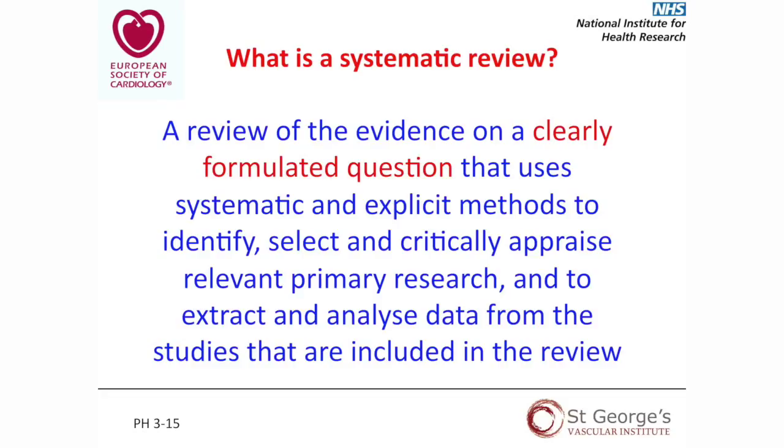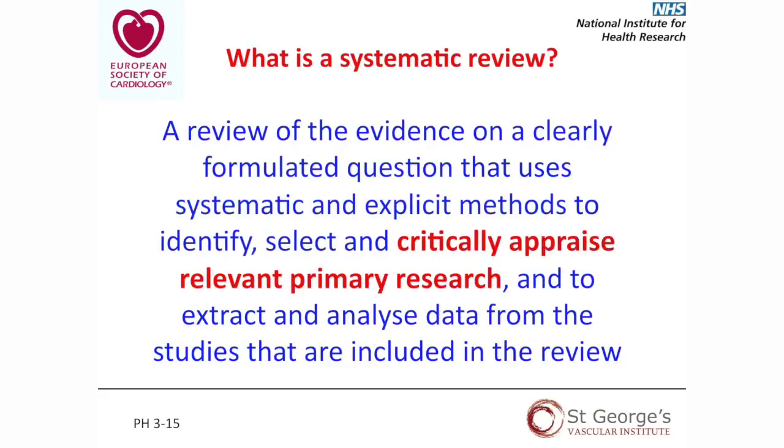We'll go into that in a minute. Only once you've designed a clearly formulated question, a priori, you must then understand what systematic and explicit methods you're going to use to identify the literature and subsequently critically appraise the primary research. And this is the key.